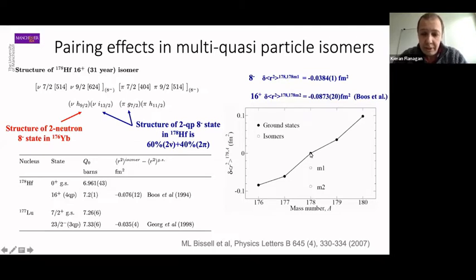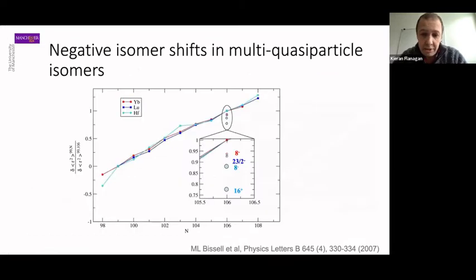So this isomer shift here we see is significant, very significant, much larger than the odd-even staggering in this region. I can recast that by just taking a sort of filter so that we just see the volumetric increase, and then we can see the overall trend for all of these multi-quasi-particle isomers.